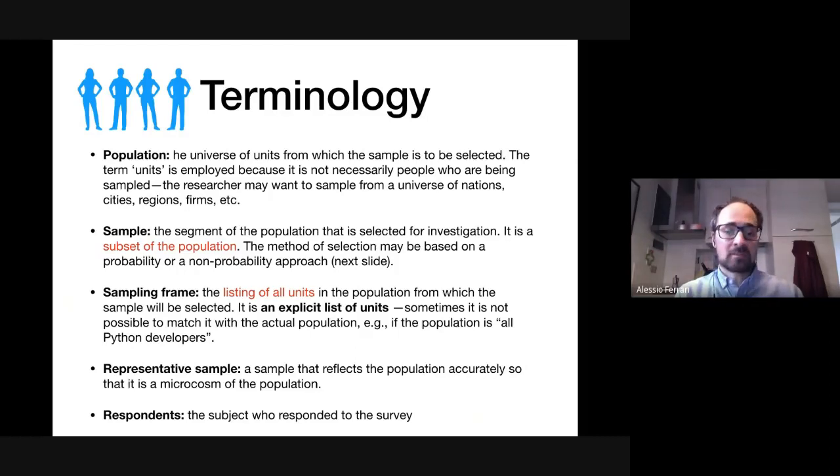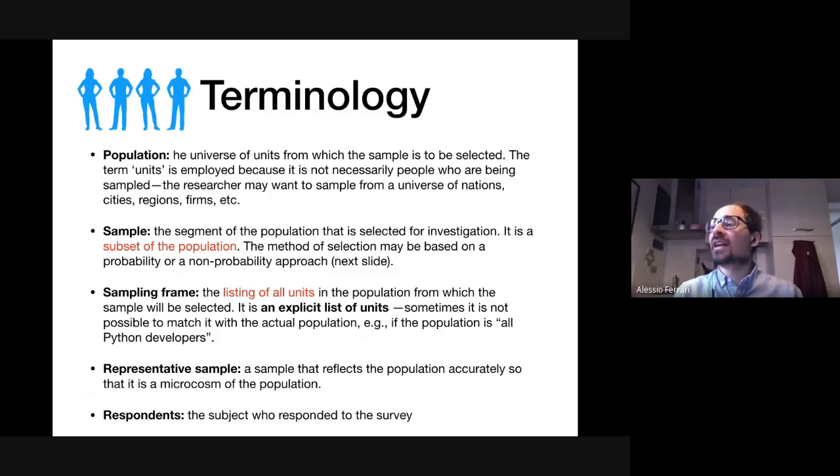Sampling frame is the listing of all units in the population from which the sample will be selected. It is an explicit list of units. Why do we need this other definition, and population was not sufficient? Because population is a vague concept, like all the citizens in a certain town, but the sampling frame is the actual list that is useful to you for reaching these people.